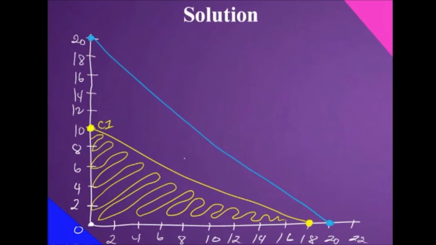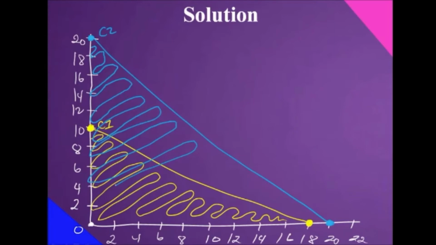Kung papansinin nyo, yung buong feasible region gamit lang ang C1 na constraint, nasakop ni C2. Ganun siya. Eh di ikaw na C2. Ito ang kanyang feasible region. Ang lawak ng sakop ni C2.